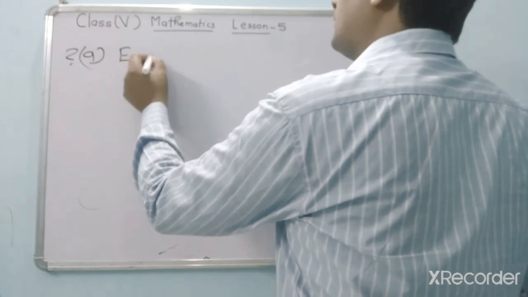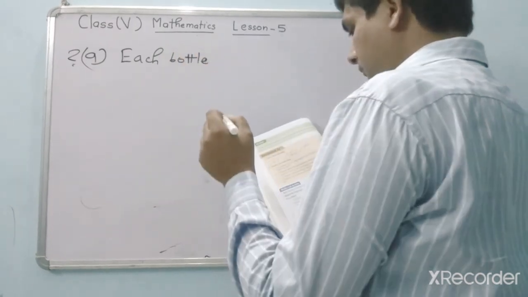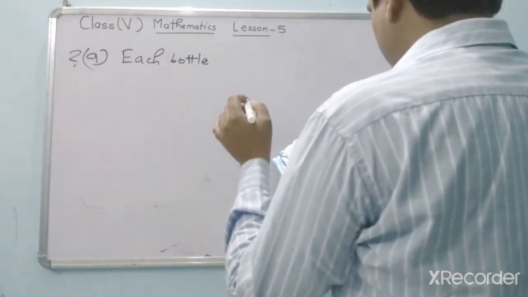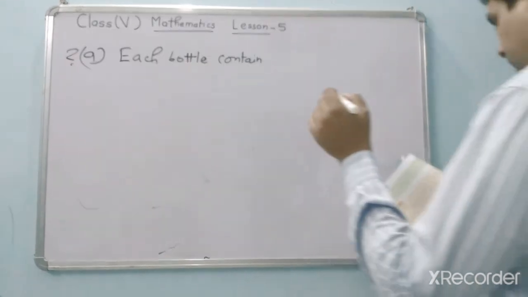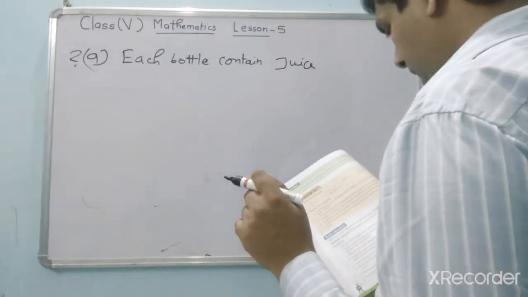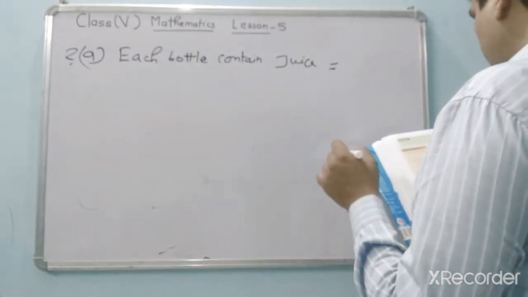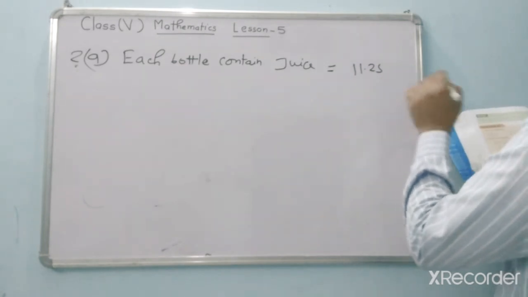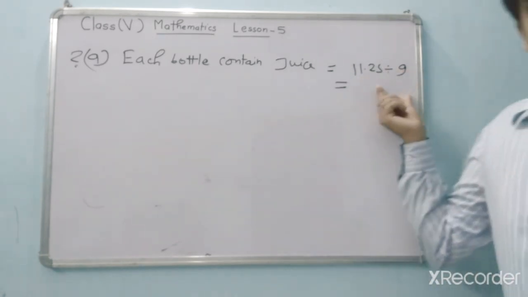Each bottle contains juice equal to, what will you do? 11.25 divided by 9. 11.25 is distributed in 9 bottles, so divide by 9.